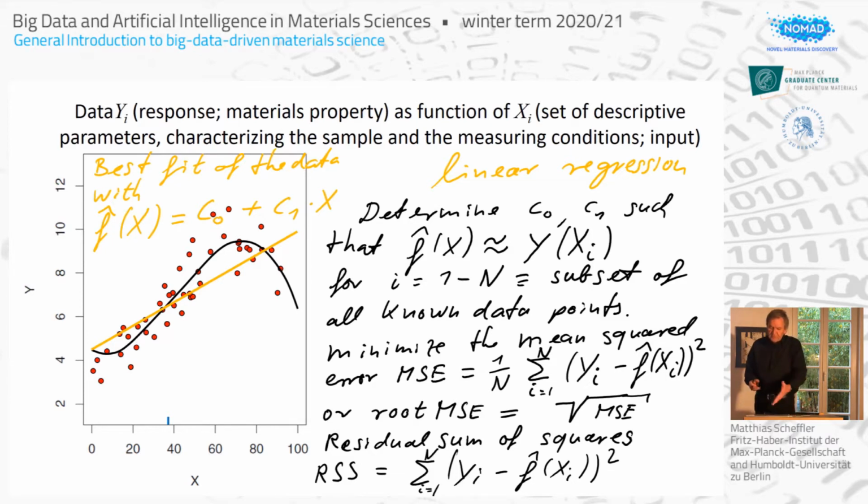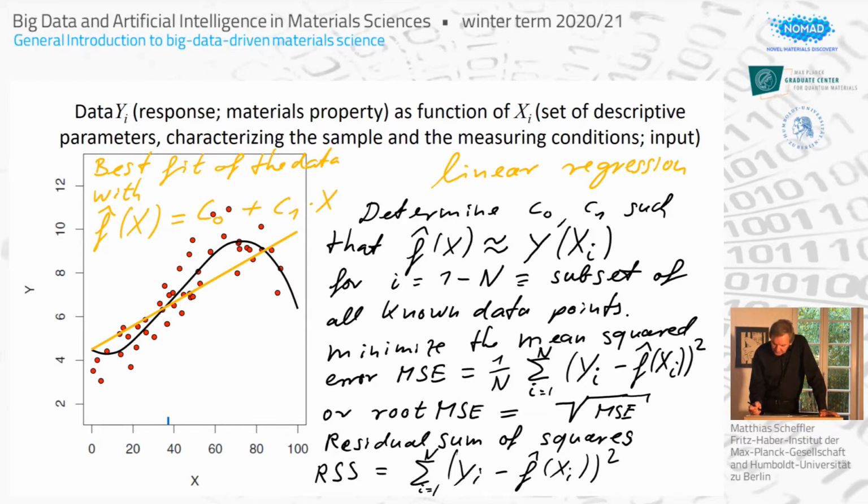So it's very similar to the MSE, except for this factor 1 over n. It doesn't really matter too much which of these things you are taking. I would say for me the most popular seems to be the mean square error or the root mean square error. So these are the terms we should really keep in mind.